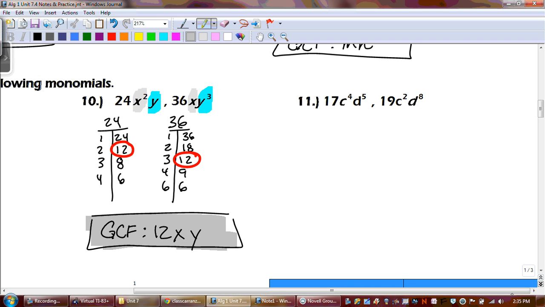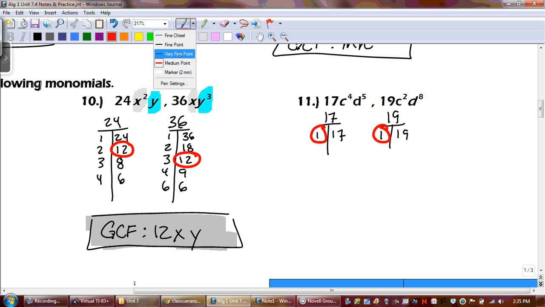Okay, and then 11. So remember, we start off by writing the factors. The factors of 17 are just 1 and 17. 19 is just 1 and 19, so our GCF is 1.